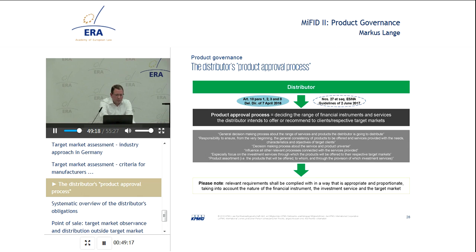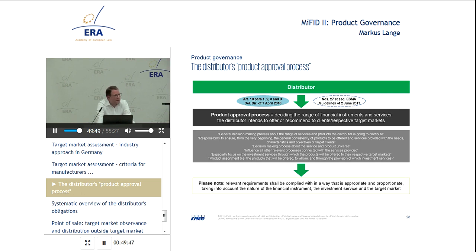And for the distributor, and I picked up these things from the Delegated Directive and the guidelines, it talks about a product approval process, a decision in advance of actually going to the market and going to the point of sale, the general decision-making process, responsibility from the very beginning, and it talks about the management responsibility there. And this influences all other relevant processes connected.